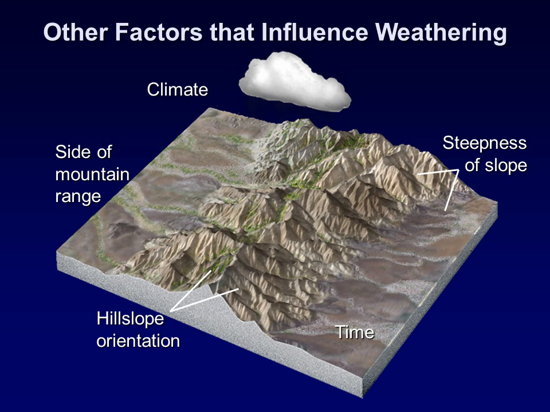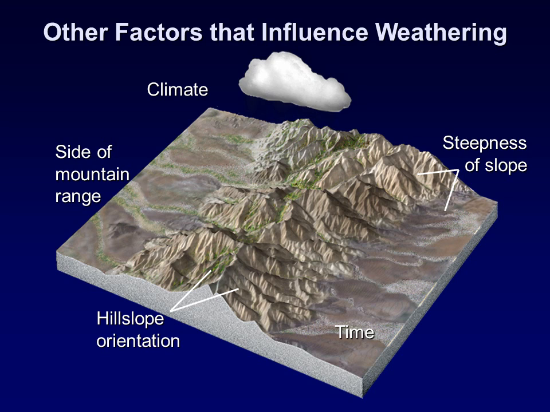Hill slope orientation determines the amount of sunlight and heat that that area receives. It also determines the type of vegetation, the degree of soil development, and moisture retention. So that plays a big part. Steepness of slope is also important because that determines whether you will have runoff versus infiltration.